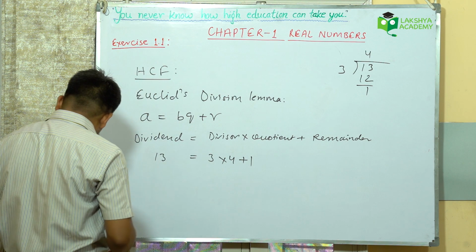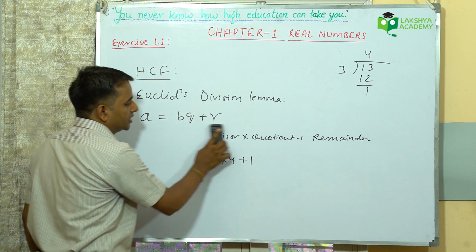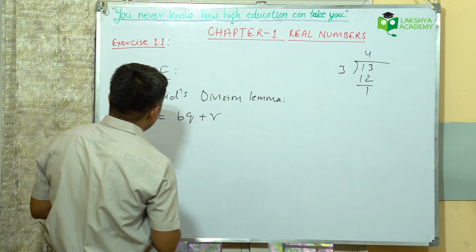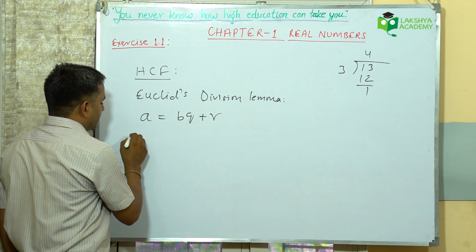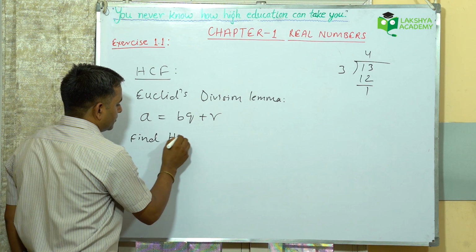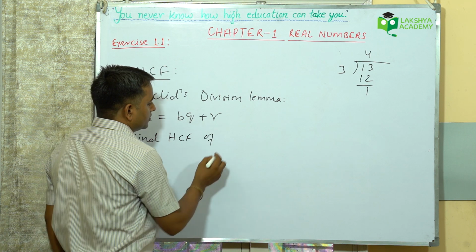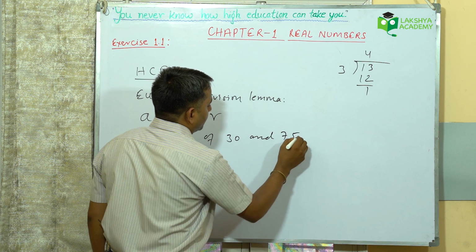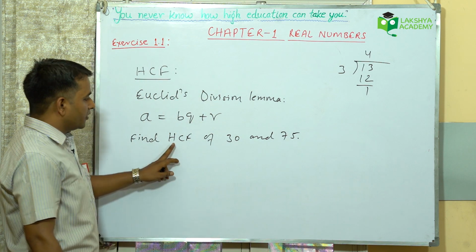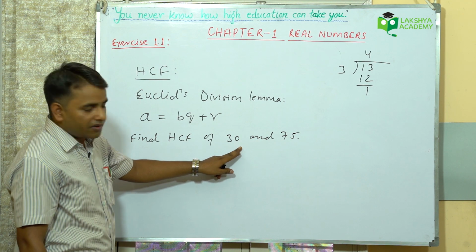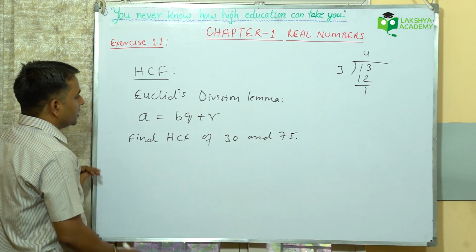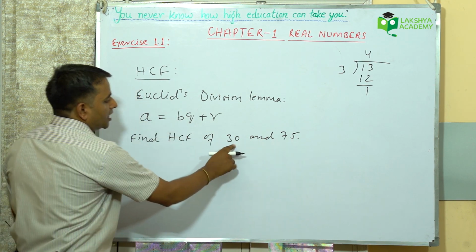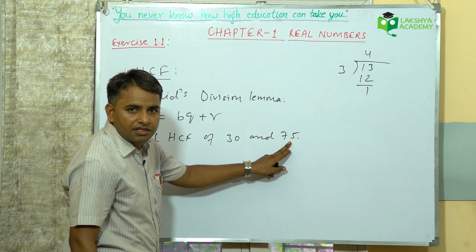Now we will take simple examples of how to find the HCF using this division algorithm. Suppose we need to find the HCF of 30 and 75. We will find the HCF using Euclid's division lemma. The smaller number is 30 and the greater number is 75.